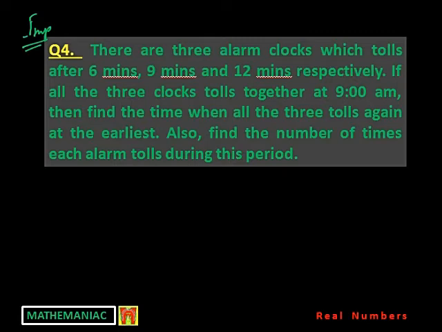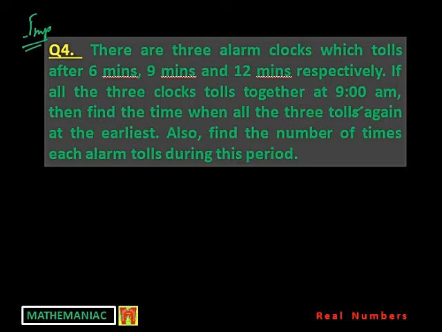If all the 3 clocks toll together at 9 a.m., then find the time when all the 3 toll again at the earliest. Also find the number of times each alarm tolls during this period. Did you understand the question? Toll means you can say that it rings, alarms. If you set an alarm, it rings, right?